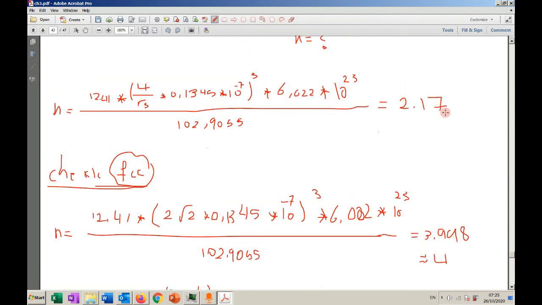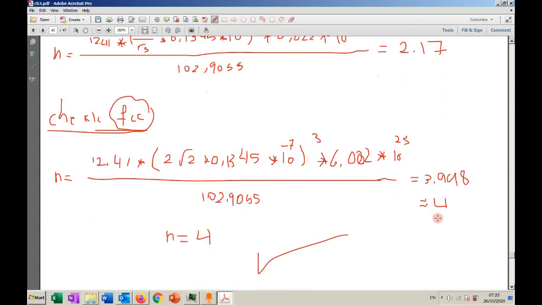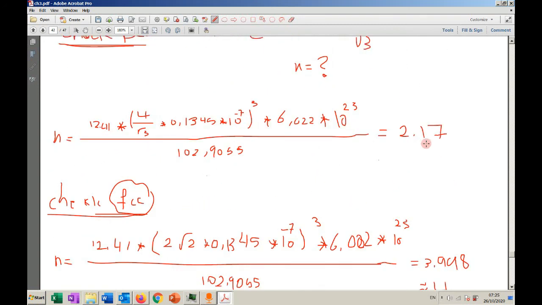Not like this, 2.17. It has to come as close as possible to the number that we know. So for FCC, small n will be 4, so it will come close to 4. If it were, for example, 1.9998, we know that it will be 2, or 2.001, something like this. So it will be close to the integer that we know.